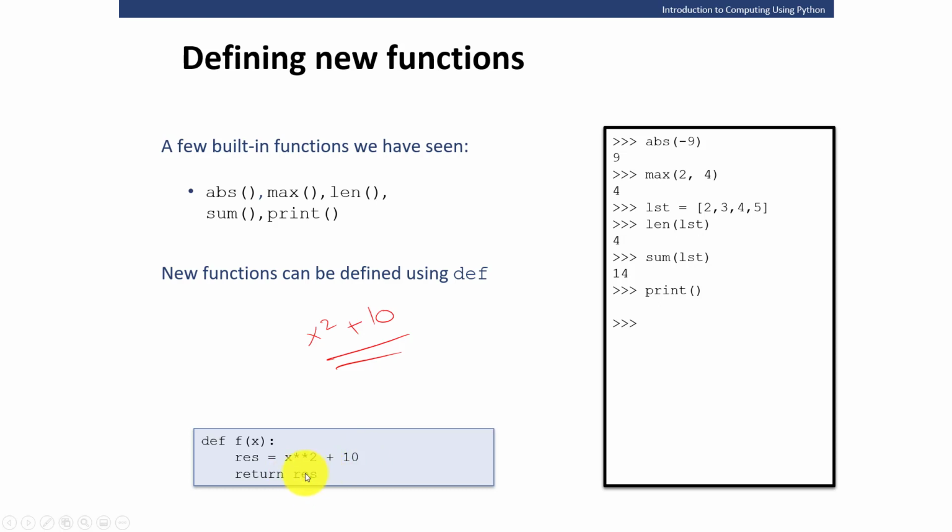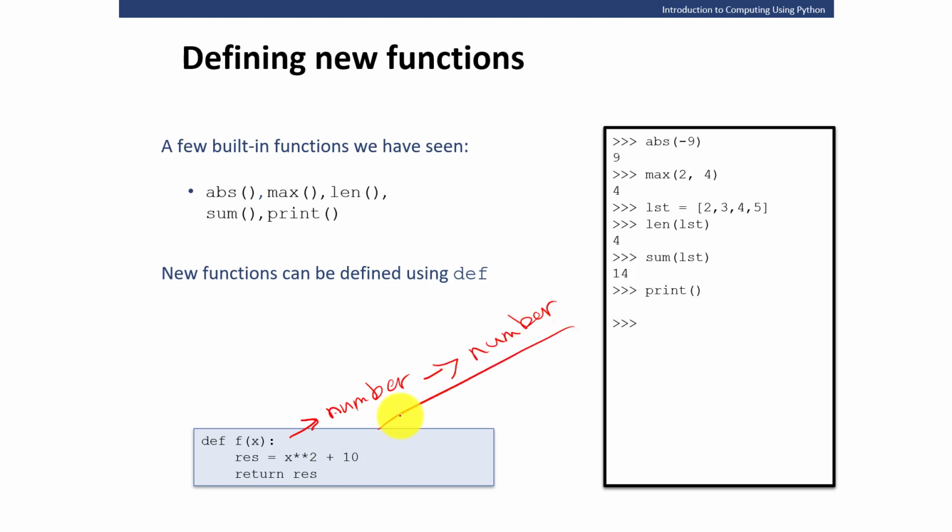Okay, so when we say the type contract, as you can see, what is the input, guys? It's a number. And what is the output? It's a number as well. So this is the type contract. This is the function definition keyword.